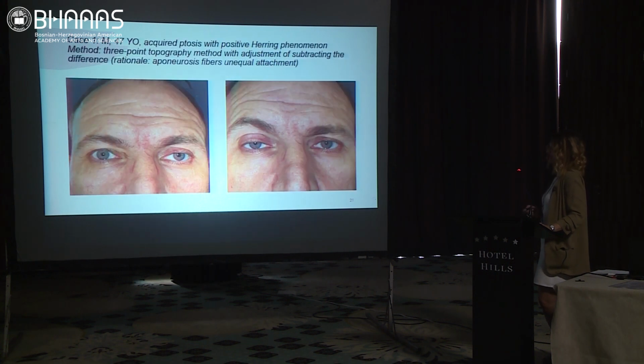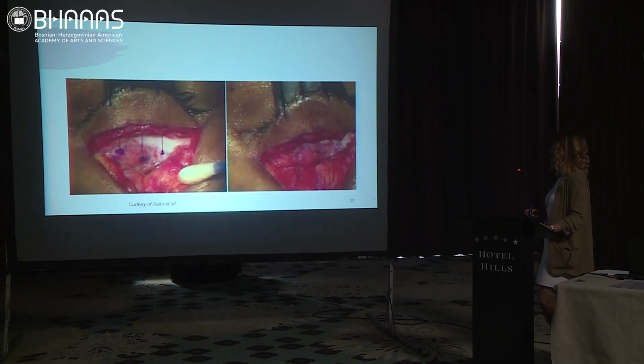What I changed in my practice compared to this study is that I'm not measuring from the tarsus. Instead, I'm subtracting the second and the third measurements from the biggest number, calculating from here to here.